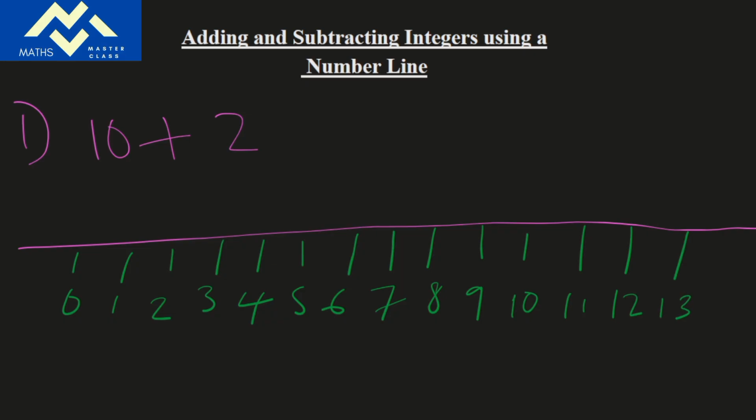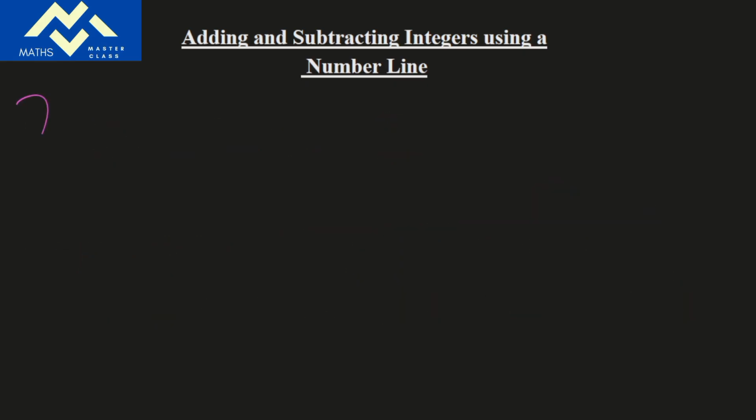Start at 10. Since we are adding 2, move 2 steps to the right. We land on 12. So 10 plus 2 is 12. Example 2. 7 minus 3.